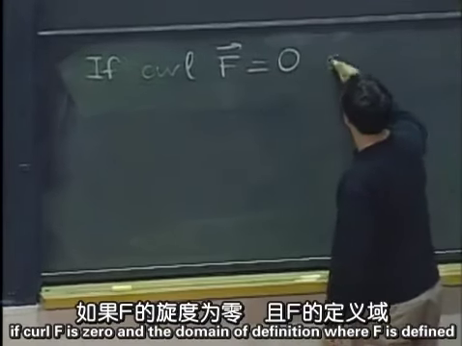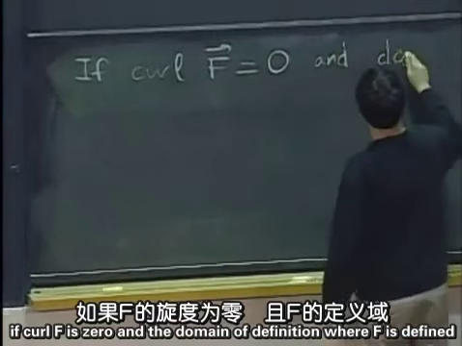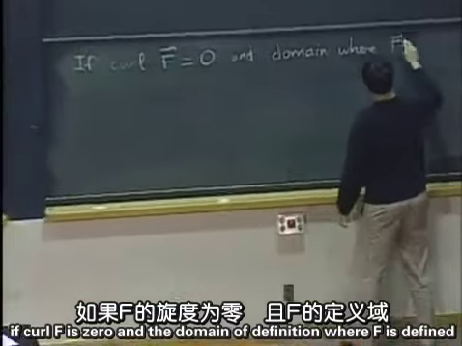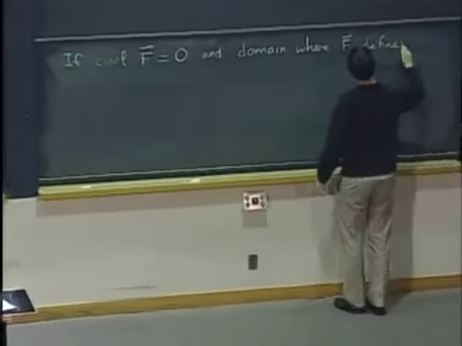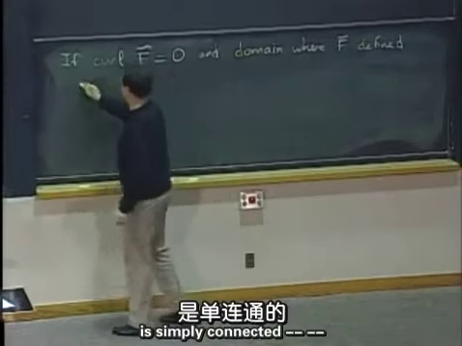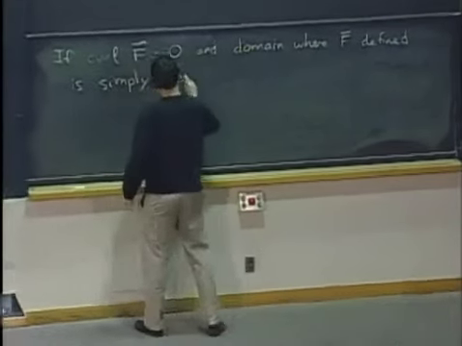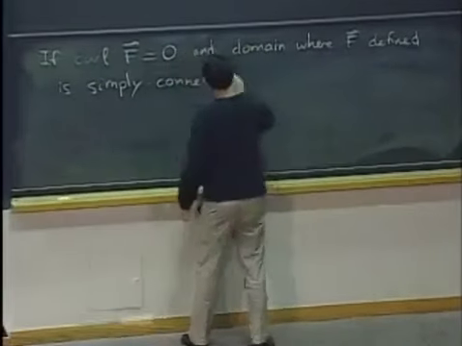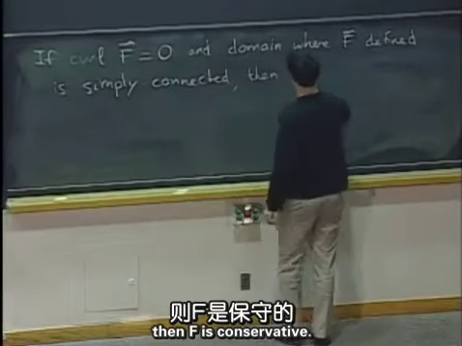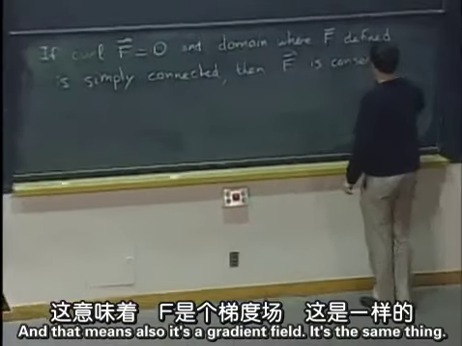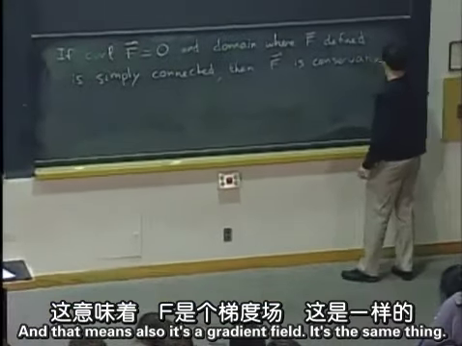If curl F is 0 and the domain of definition where F is defined is simply connected, then F is conservative, and that means also it's a gradient field.